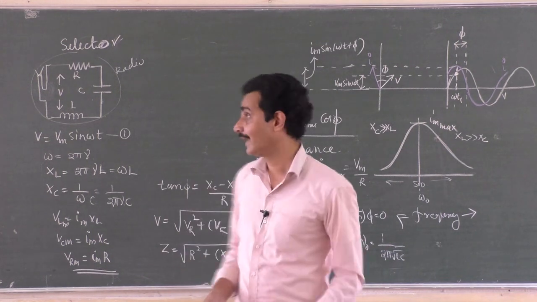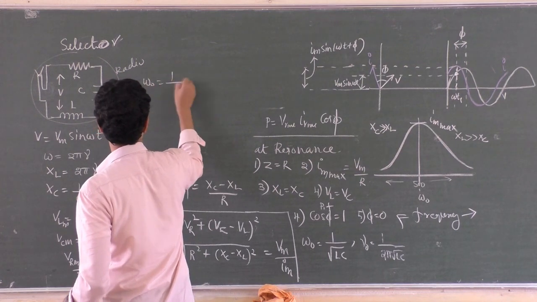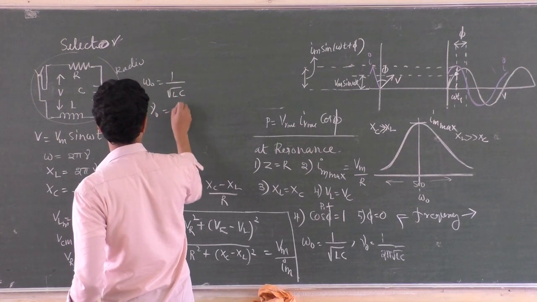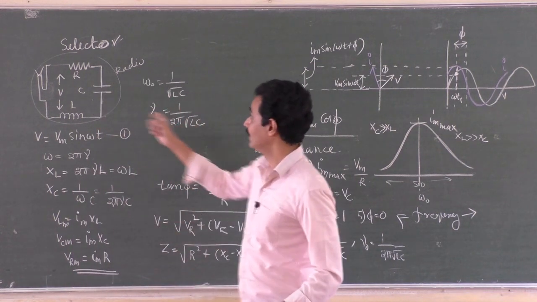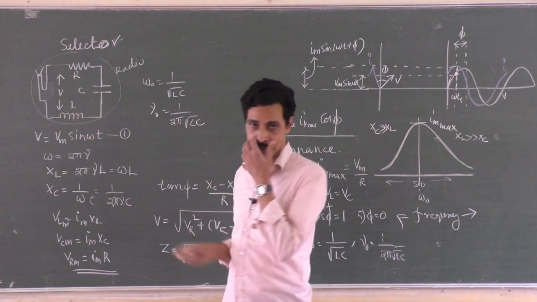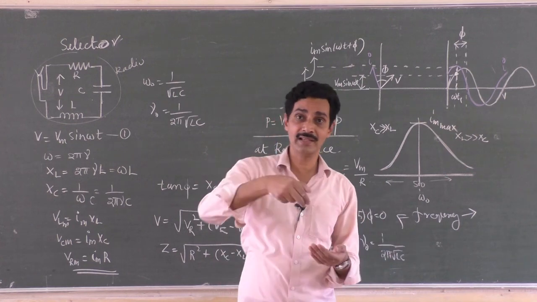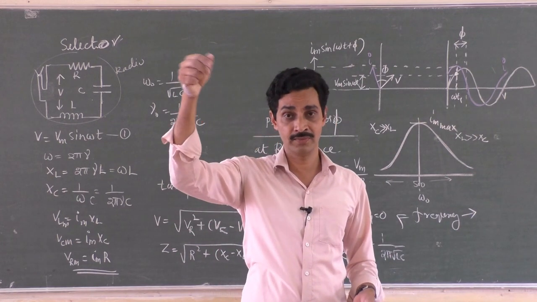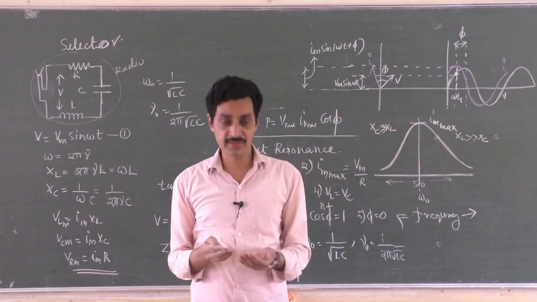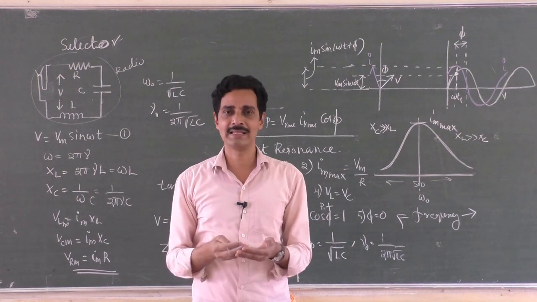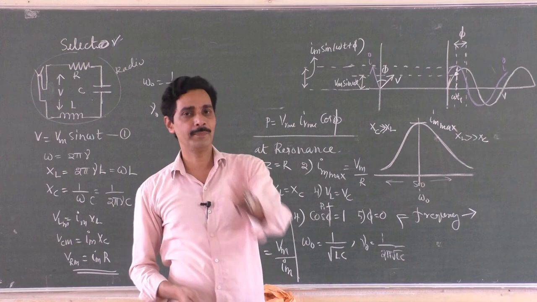But if that series resonance circuit's resonant frequency omega naught is equal to 1 by root LC, or nu naught is equal to 1 by 2 pi root LC, if these values of L and C are such that the resonant frequency exactly matches the signal frequency of that radio station entering it when it is received, if that frequency and the natural frequency of that series RLC circuit match each other, then that signal can pass through the circuit.